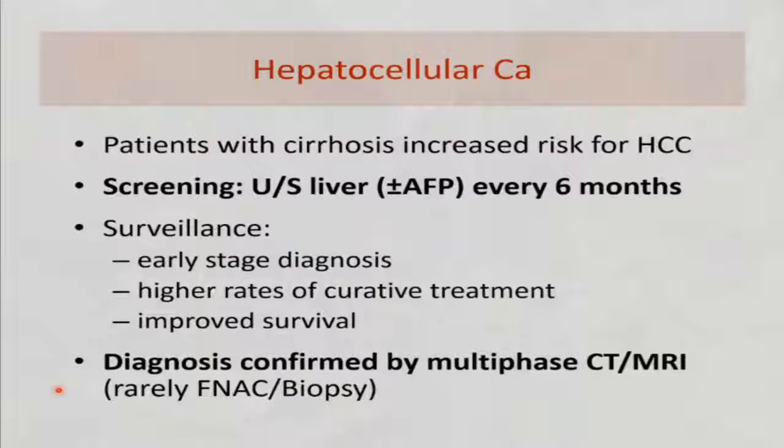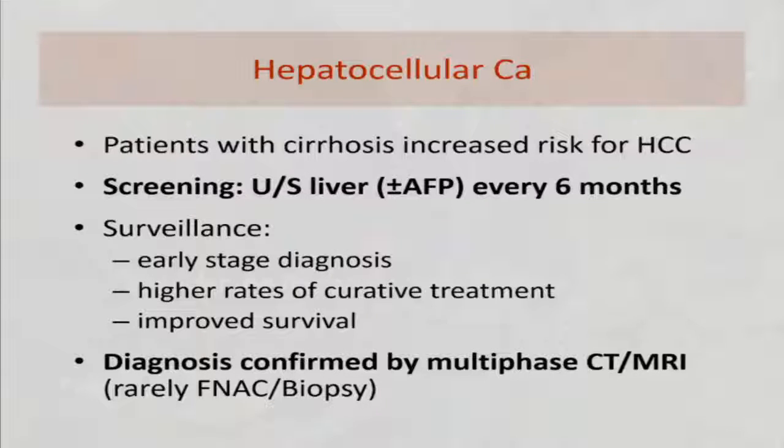And the way to deal with it is, therefore, to detect it early. Patients with cirrhosis have an increased risk of hepatoma, we know that. Screening is recommended with ultrasound of the liver with or without alpha-fetoprotein every 6 months, because surveillance will lead to early stage diagnosis, a higher rate of curative treatment, and improved survival.